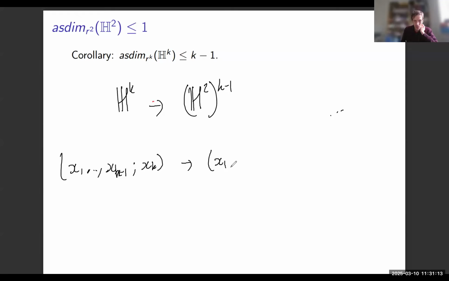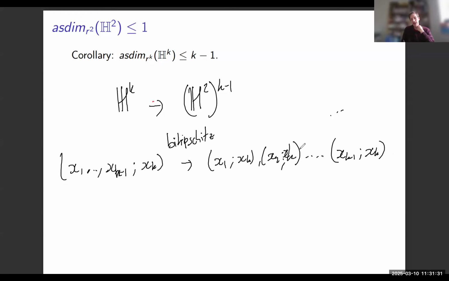And you take it to x1, xk, x2, xk, and so on, up to xk minus 1, xk. So that's a nice bi-Lipschitz embedding. And in a sense, you find a product cover over here using the Kolmogorov trick, and you pull it back. And this will give you this upper band.